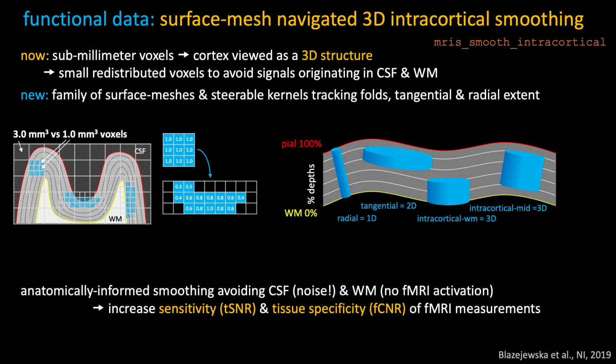And at first, what we were trying to do was not necessarily a laminar fMRI application, but just trying to find a kernel that would be the best compromise for avoiding the noise that comes from mixing in CSF and the activation dilution coming from the white matter, where we do not expect to see activation. And it turned out this is our best kernel. We call it no white matter, no pial.